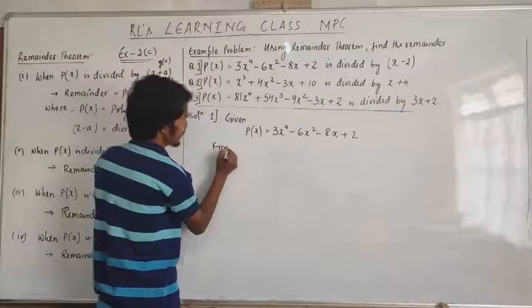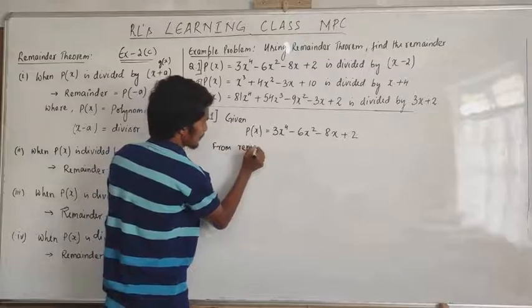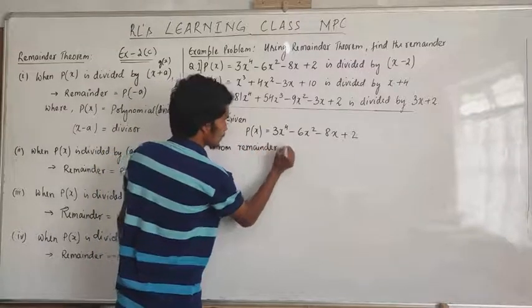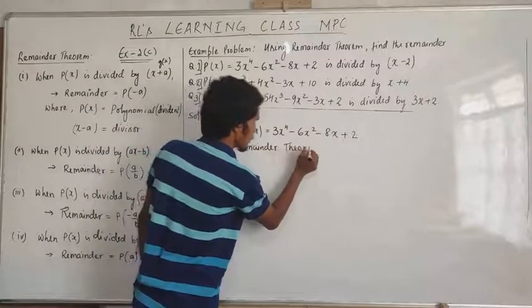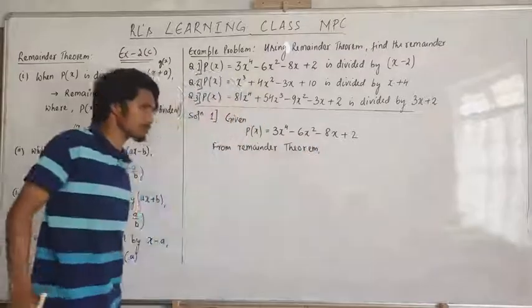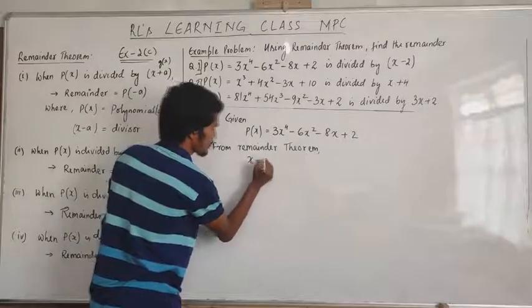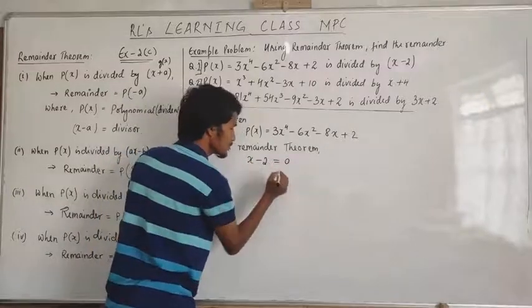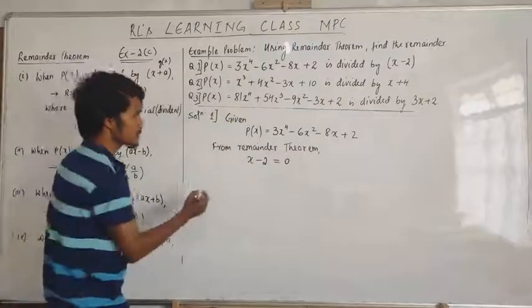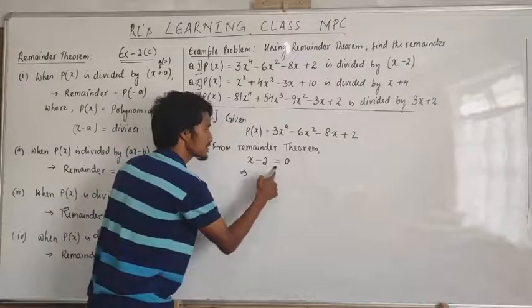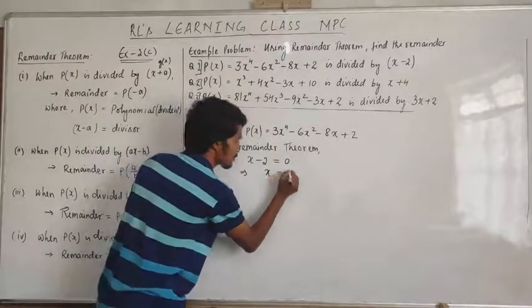From the remainder theorem, let x minus 2 be equal to 0. Then this minus we take to the other side, and we get x equal to 2.